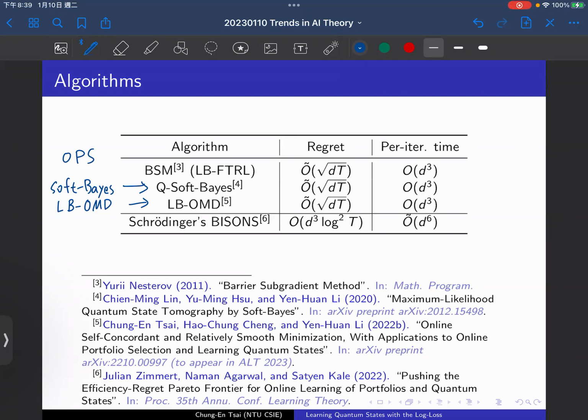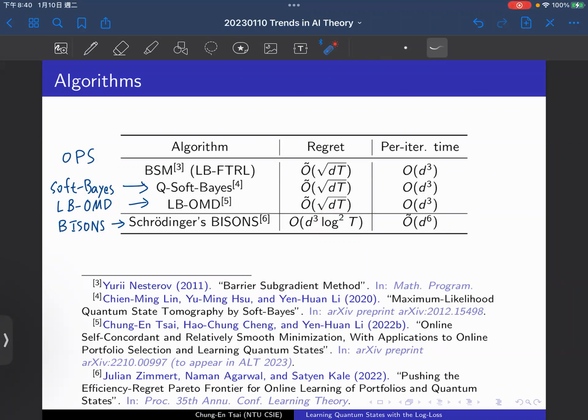And the fourth algorithm is called Schrodinger's BISONS, and it is also a quantum generalization of an algorithm called BISONS for online portfolio selection. It enjoys logarithmic regret, so for the regret it is significantly better than the above three algorithms.